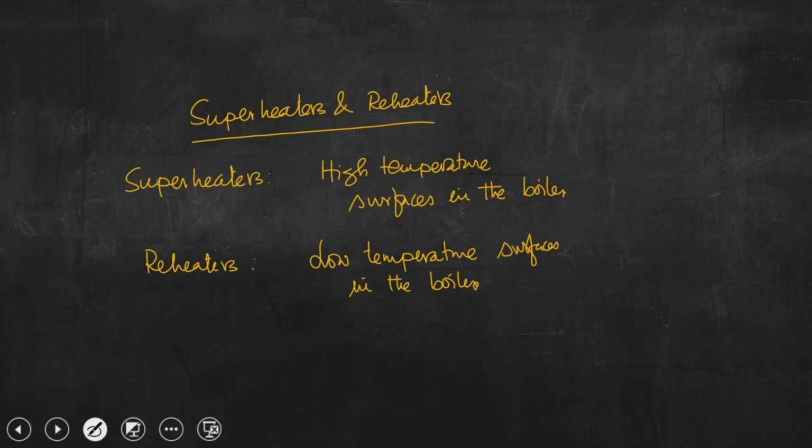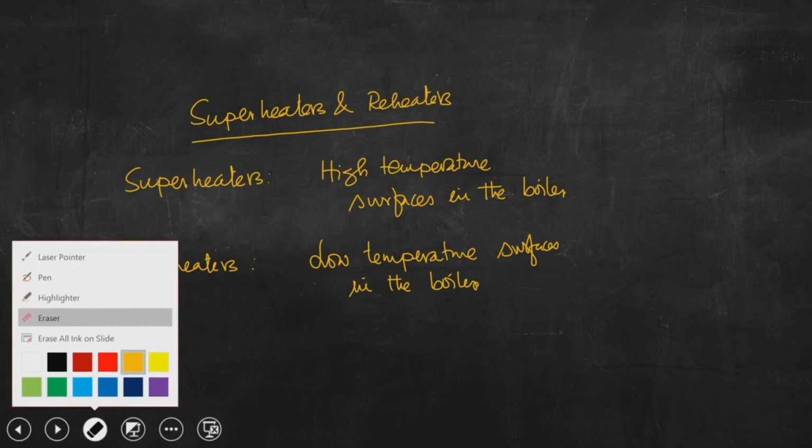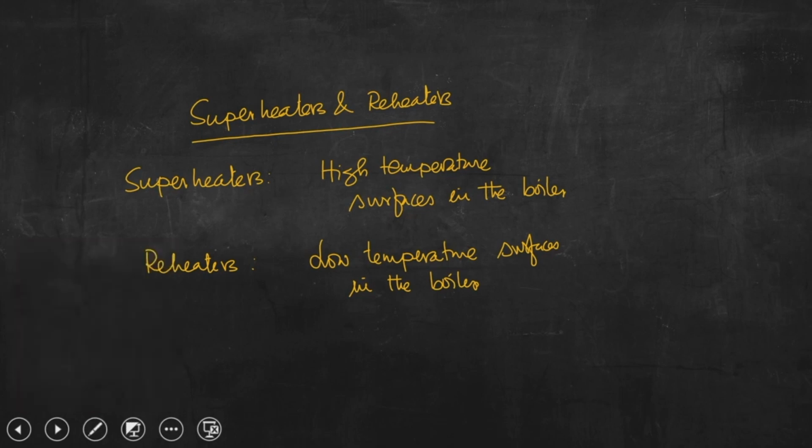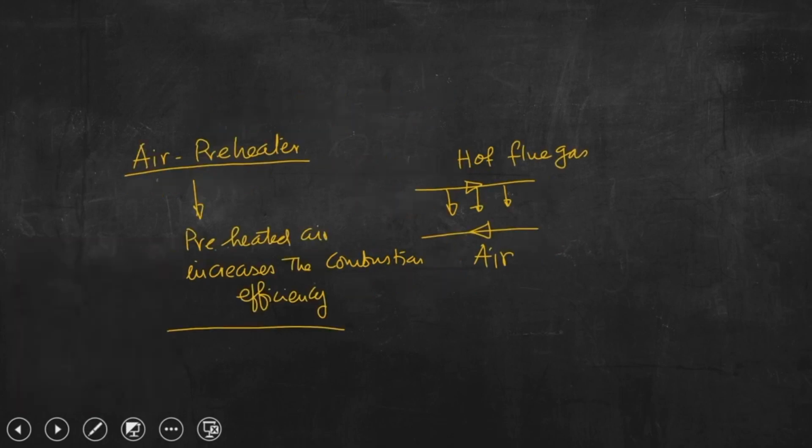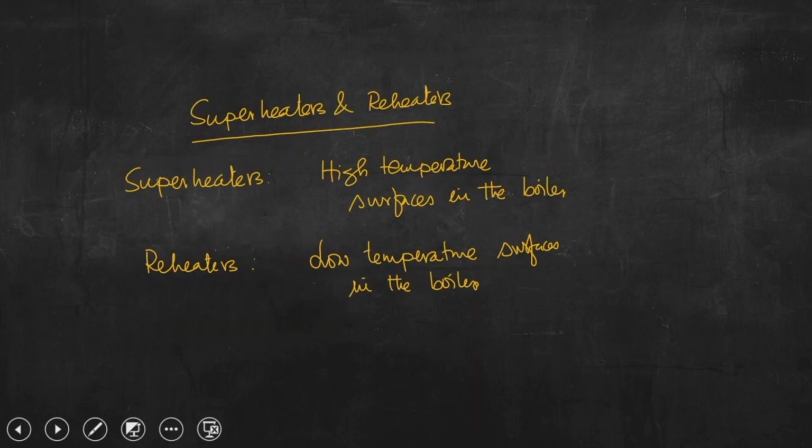So, now these reheaters are not very low temperature. So, it is better not to place them in the low temperature, rather they can still be placed as high temperature. So, superheaters and reheaters are the high temperature surfaces in the boiler.